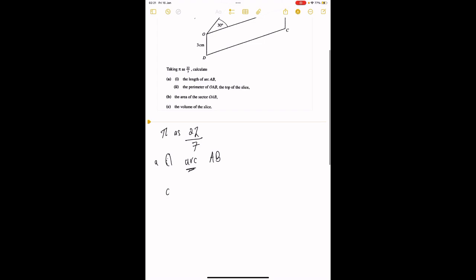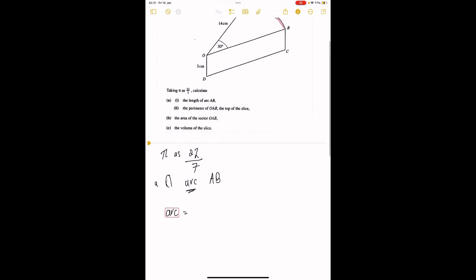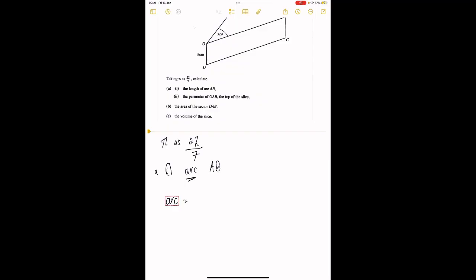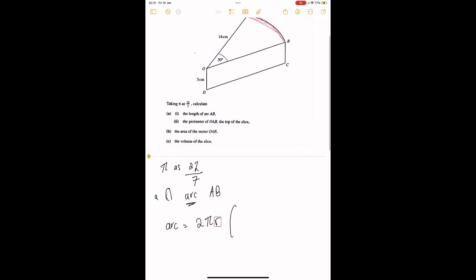So for an arc, the formula is given as, this is the total perimeter, 2 pi r, multiplied by the ratio. Remember I said this is a fraction.